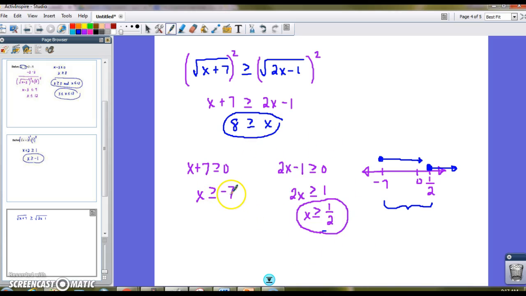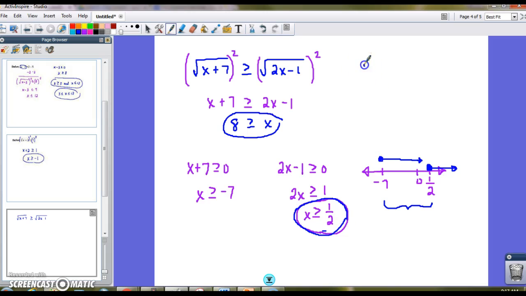Because I can't use x is greater than negative 7. Because if I choose a value in here, so let's just say I chose 0, and I plug 0 into the right-hand side here, I would end up with a negative 1 under the radical, and I can't have that. So I have to pick the one that's more restrictive, which is this one.